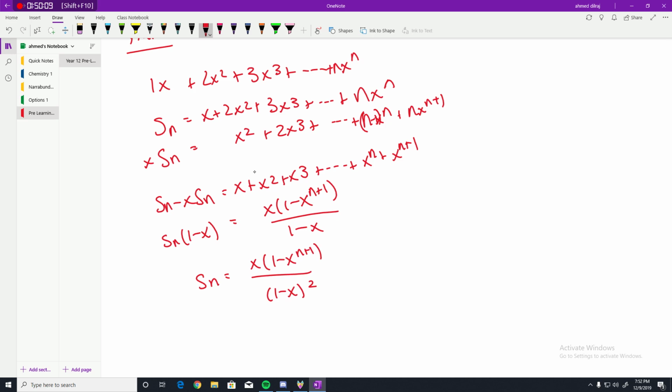Sorry, I made a little mistake: this is x to the n minus x to the n plus 1. Type a 1 if you end up getting this answer. Who ended up getting this answer?